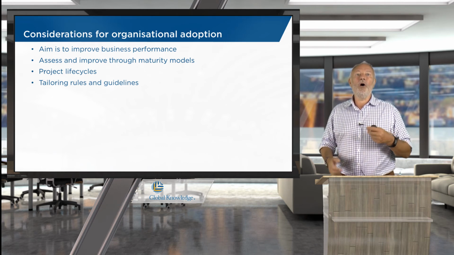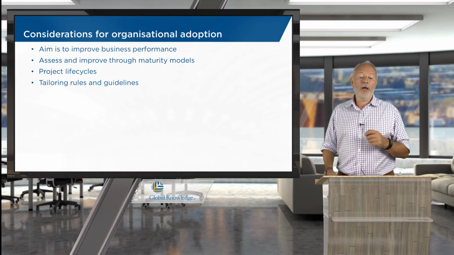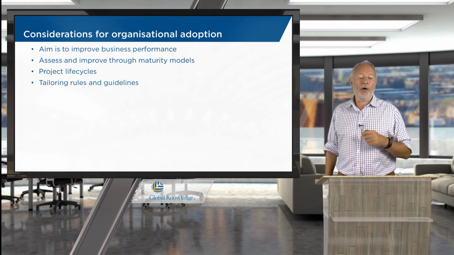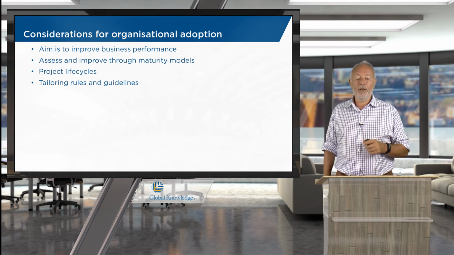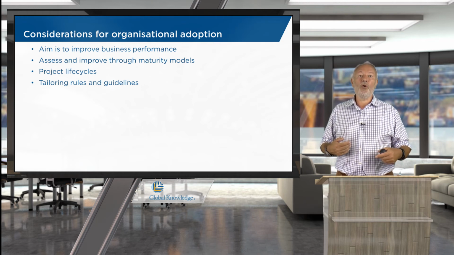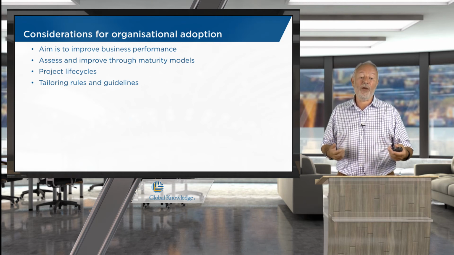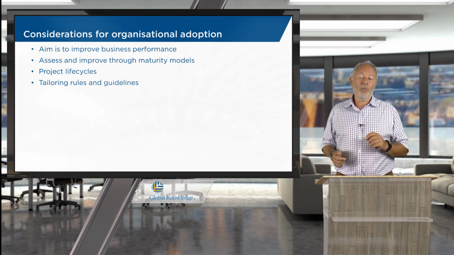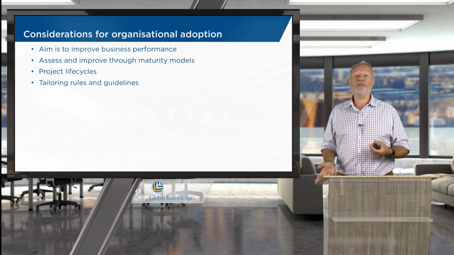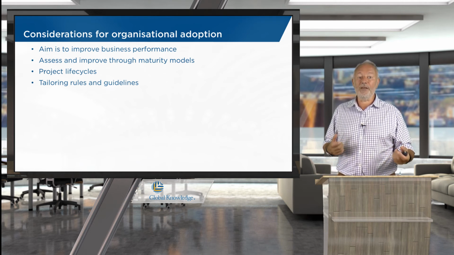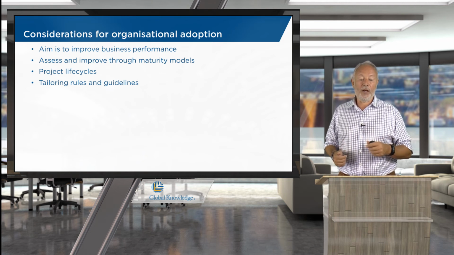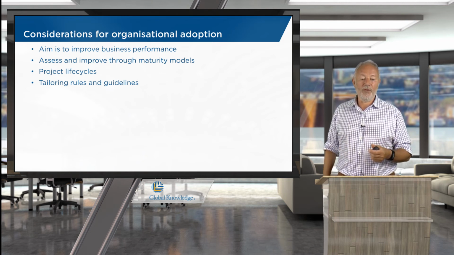Then we work through 2, 3, 4, 5 until we have a refined way of managing projects within our organisation based on our experience. We need to make sure that our project life cycles are properly aligned to the way in which we're going to manage the projects, and that we use the tailoring rules and guidelines from the PRINCE2 manual or guidance that you'll receive. This will give you some good guidelines to adopt PRINCE2.